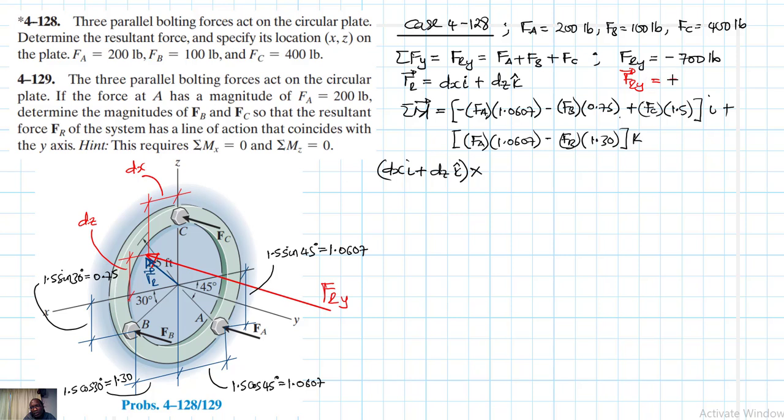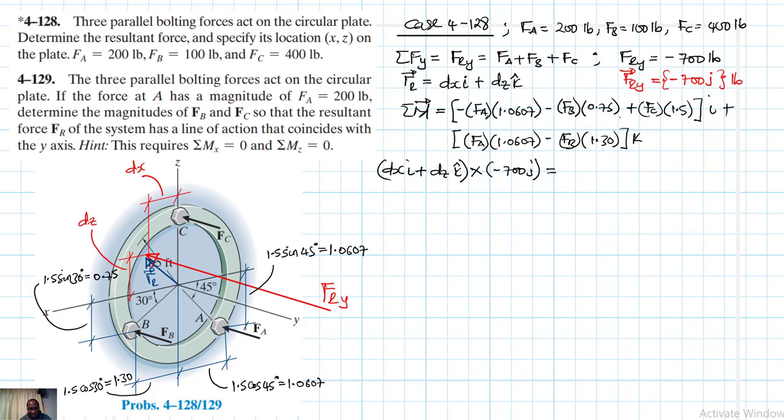This is just going to be equal to negative 700 J. Okay, all right. So this is as a vector. So this is just going to be equal to minus 700 J. Okay, is going to be equal to, let's plug in figures in there.